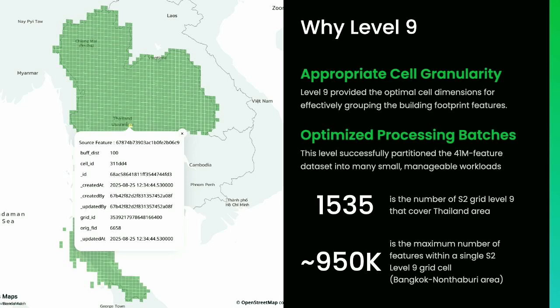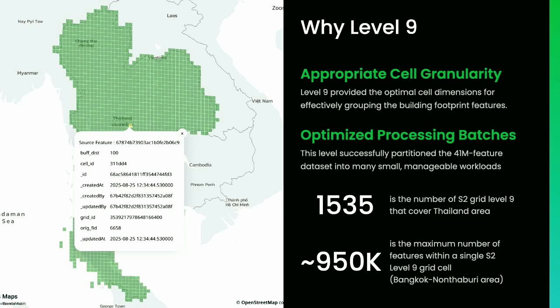The grid cell with the maximum number of features has around 950,000, which is the area in Bangkok and Nonthaburi, near the capital city. That's why it has so many buildings.